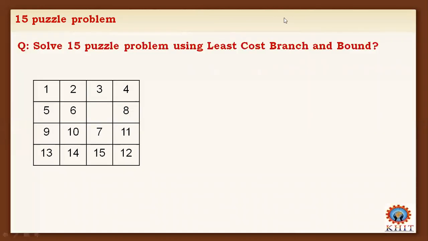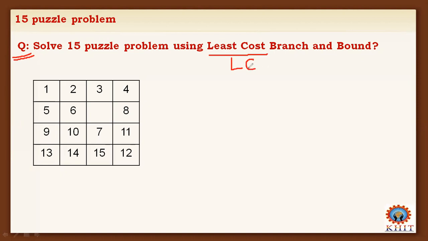Now students, let me explain a simple example of how to solve the given problem by using the branch and bound technique. The question is: solve the 15 puzzle problem by using least cost branch and bound searching. This is called the LC branch and bound technique.